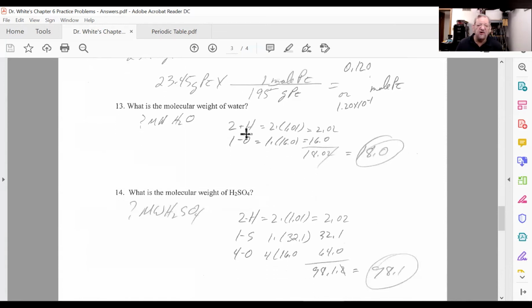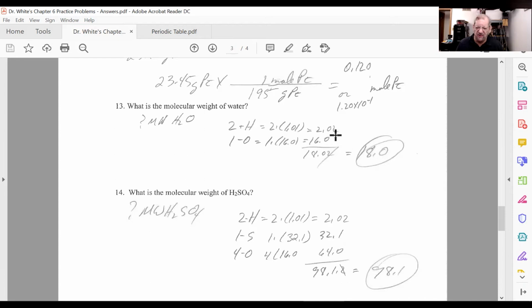So let's see. We're right here. 2 hydrogens, 1 oxygen. We figured out from our periodic table, atomic weight, the 3 significant figures, hydrogen is 1.01, oxygen 16.0. This times 2, remember 1 and 2 are exact numbers, 2.02, 16.0. You add them up. Now, listen carefully. When you do addition, you have the same number of decimal places to the right of the decimal point as the number you're adding that has the fewest.